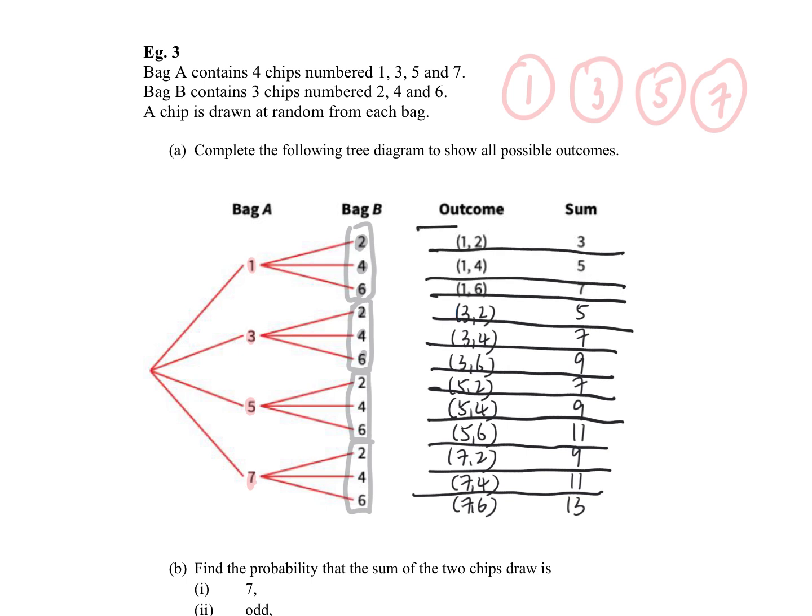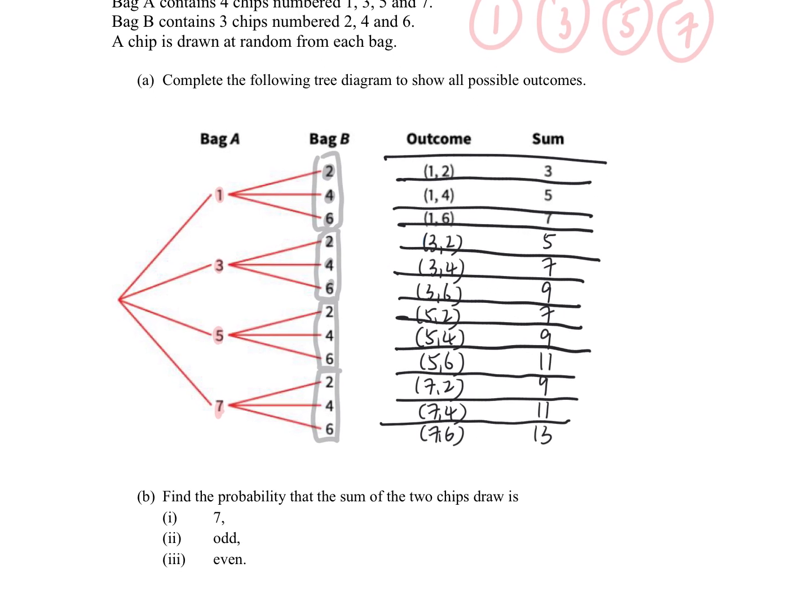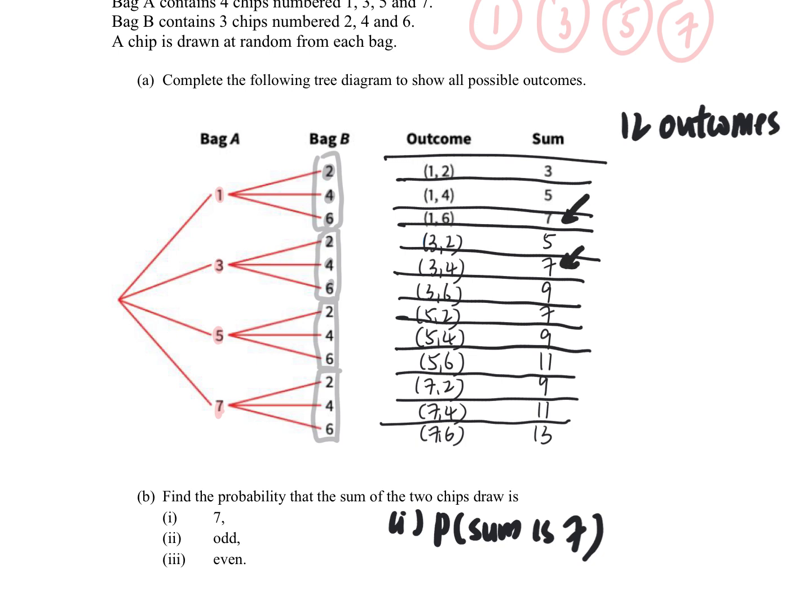What is the chance that the sum of the two chips is 7? First you must count how many possibilities you have. 1, 2, 3, 4, 5, 6, 7, 8, 9, 10, 11, 12. 12 outcomes. So which are the ones that are 7? 1, 2, 3. So 3 out of 12, which is 1/4.